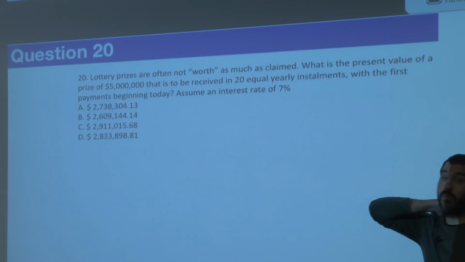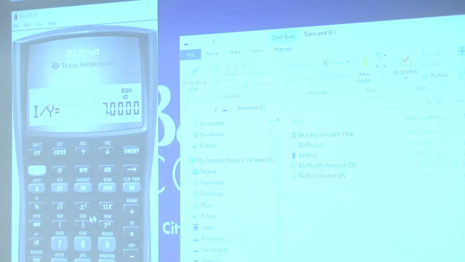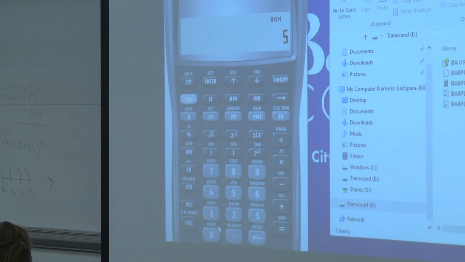So you divide that by 20, and that is your payments. Correct. So you don't know the present value. That's what you're trying to compute. You do know that you will receive these $5 million in 20 payments, which are $250,000 each. So that's your payment, and you want to find the present value.